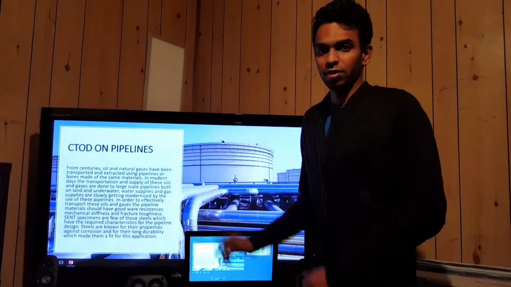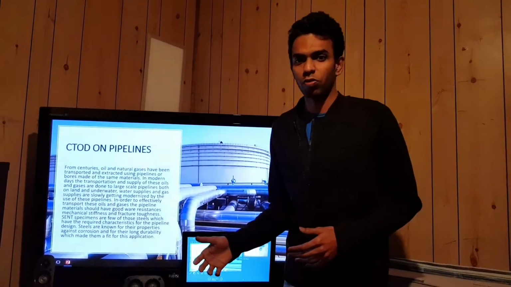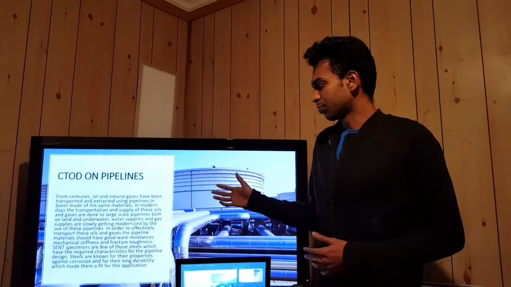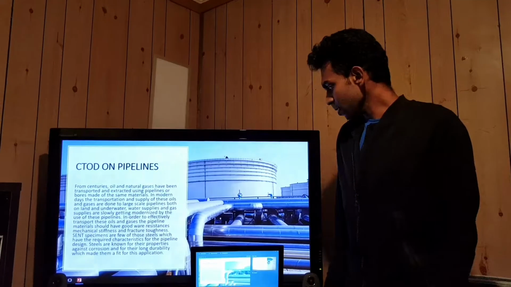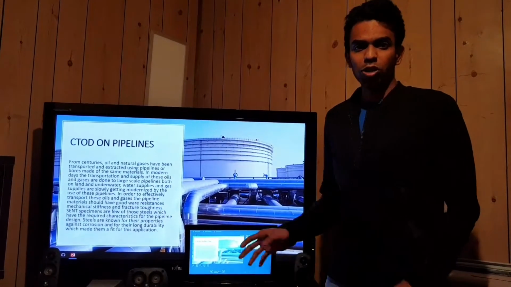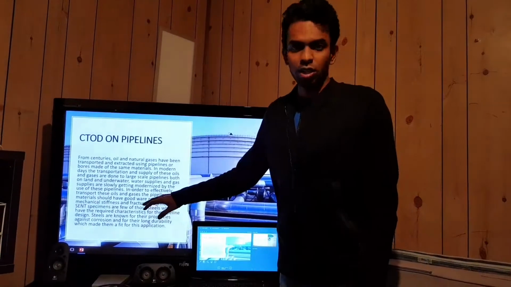CTOD on pipelines. Pipelines are a very old traditional way of transporting oil and natural gases. A large number of industries use this conventional method in order to transfer these oils and all. The materials used for these pipelines are mostly steels, cast irons, and aluminiums. So why steels?